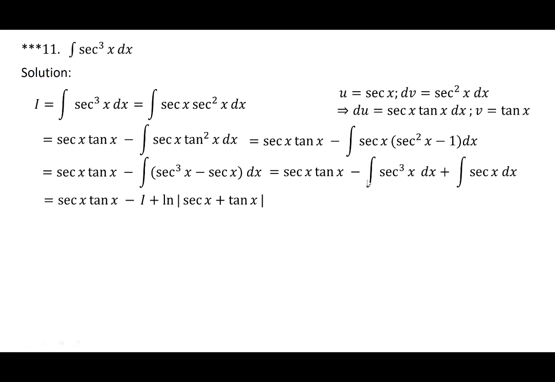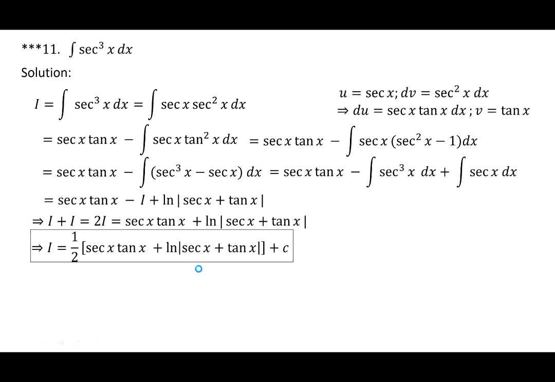So I replaced integral secant cube x dx with I and add I to both sides, divide both sides by 2 in the next step, and we're done. Cool. This is a very nice problem. So it's not at all intuitively obvious that we need to use integration by parts for this. That's why it's a 3-star problem.